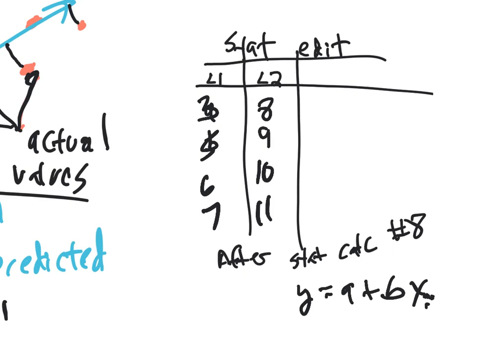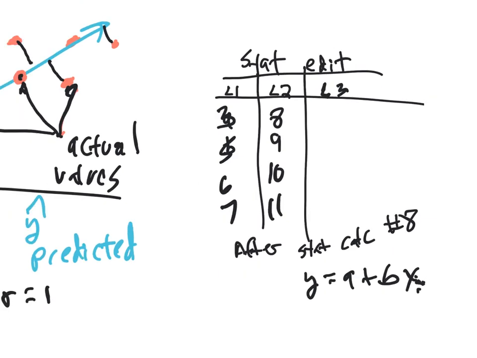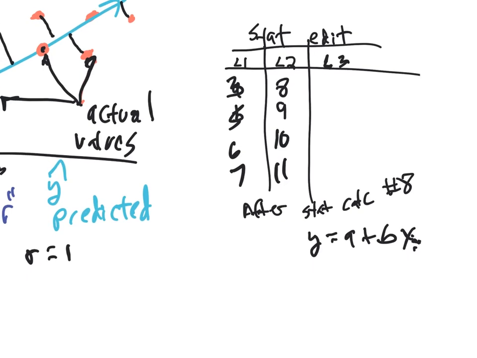It knows, because when you graph the line, it knows where the line is, and it knows exactly what the errors were. So you can go to L3. You go to L3, move your cursor up to L3. You hit the enter button, and down at the bottom of your screen, it will be waiting for you to key in an equation. And here's what I want you to type in.